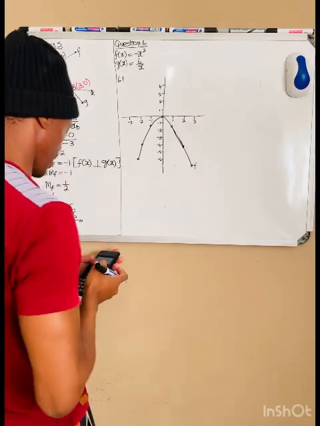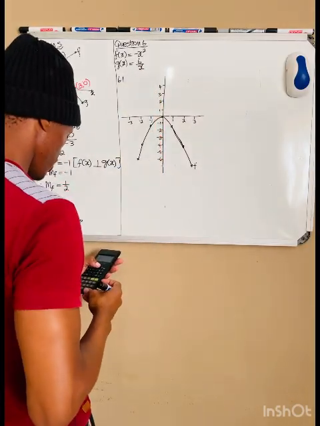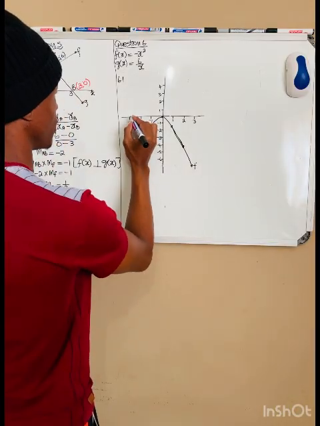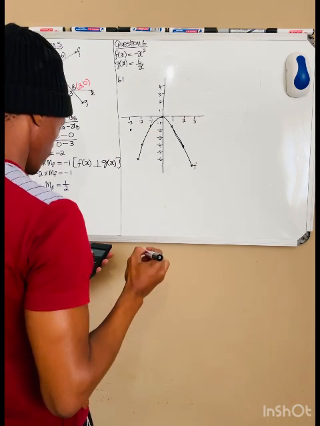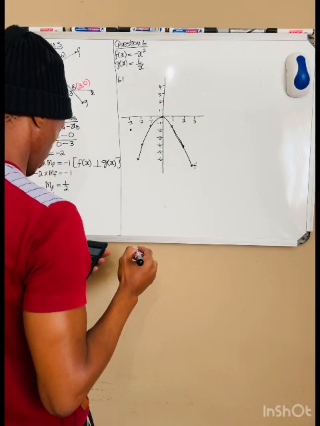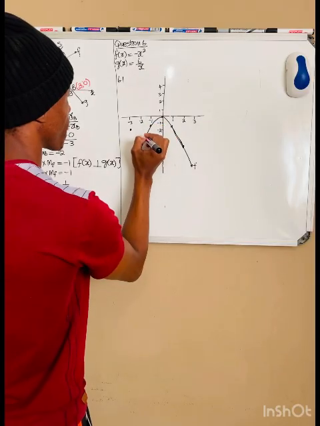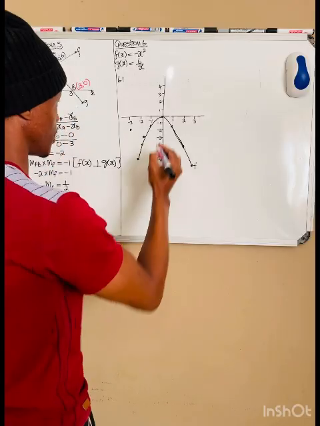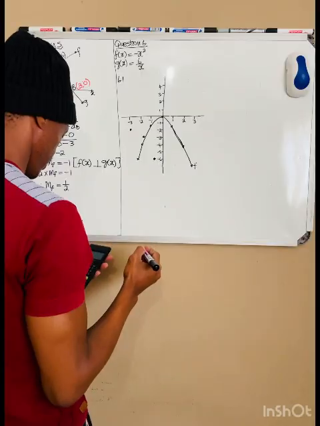Then now let's plot the hyperbola. We know that minus 3 goes with minus 2, minus 3 and minus 2 here. So we know that this graph doesn't touch the x. Then minus 2 and minus 3, then minus 1 and minus 6 here. You can see the shape of the graph.